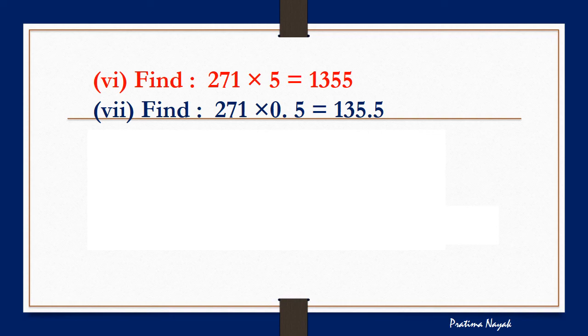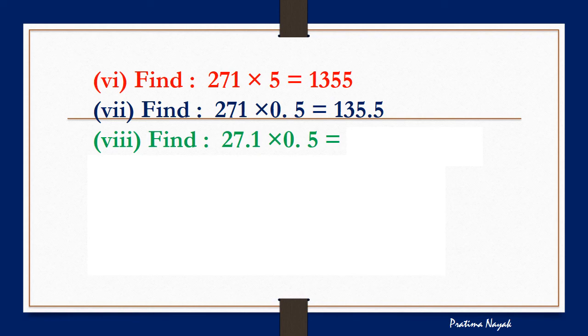You will leave one place from the right side of the number. So the decimal will be here: 135.5.